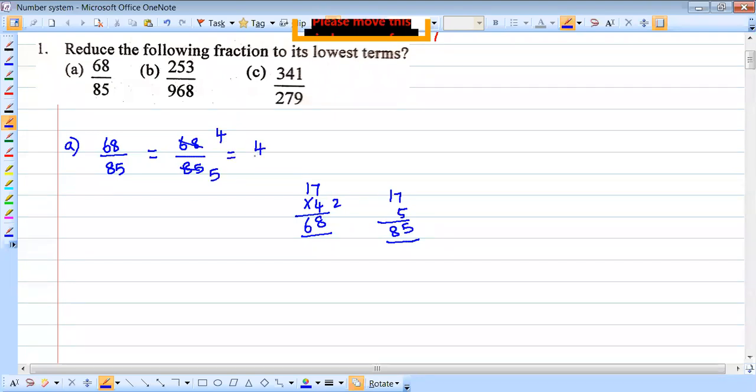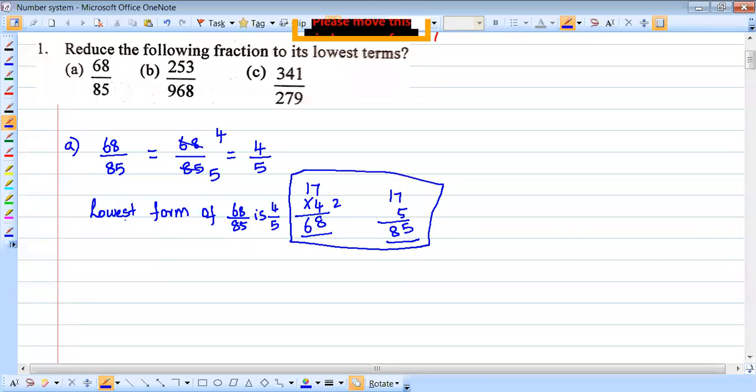So the lowest form of 68 by 85 is equal to 4 by 5. Lowest form of 68 divided by 85 is 4 by 5. So this is the answer.